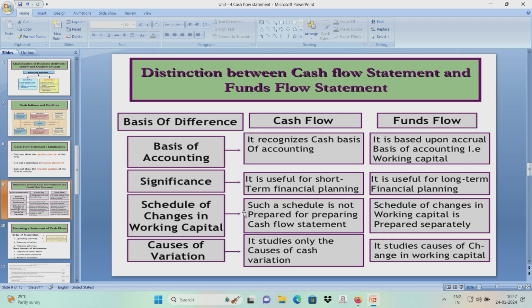Next, on the basis of significance, cash is a liquid asset, so we are planning for the short term, whereas working capital falls under long term financial planning.